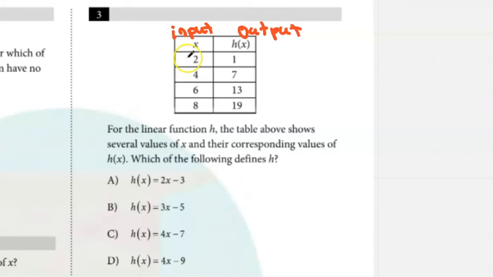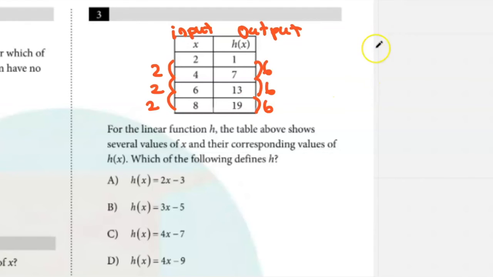Each time, notice how these are all in increments of 2, right? Because 2 plus 2 is 4, 4 plus 2 is 6, and 6 plus 2 is 8. And each time the x value increases by 2, your h of x value increases by 6. 1 plus 6 is 7, 7 plus 6 is 13, and 13 plus 6 is 19.